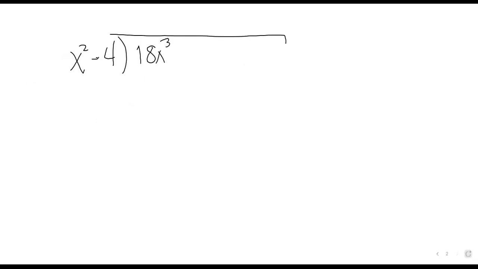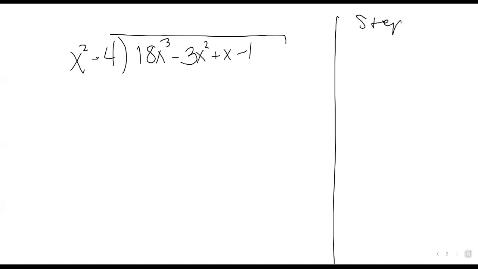So x squared minus 4, 18x cubed minus 3x squared plus x minus 1. There we go. And then we're going to have our steps on the other side. And now we can go ahead and get started.